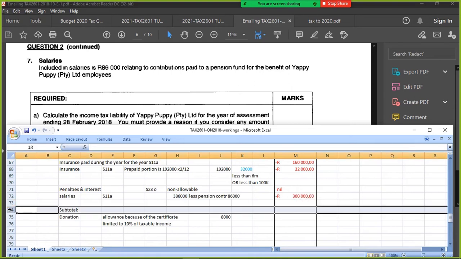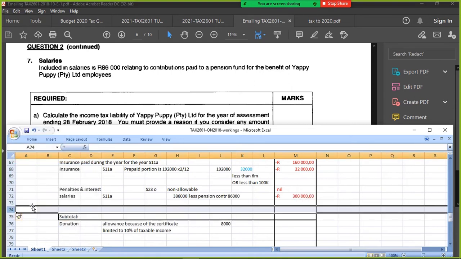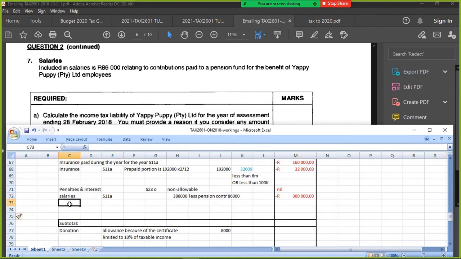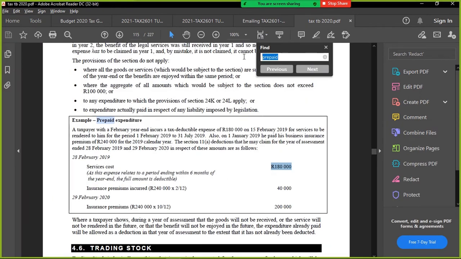Okay, then we need to look at the pension separately. Yeah, they were for employees, hey? Yes, they were. All right, so when you go to the textbook, you'll see you are allowed to deduct this pension.